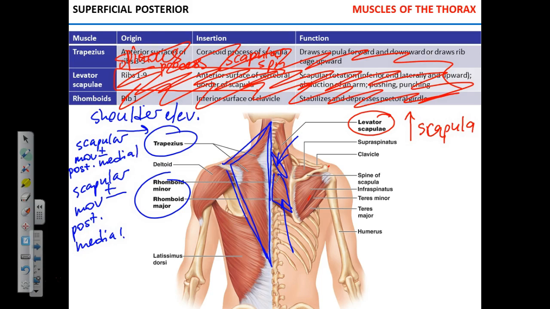Does that make sense? You can see that all of these muscles originate in the vertebral column. Different regions, like rhomboid major originates from the spinous processes of the thoracic vertebrae. Okay?